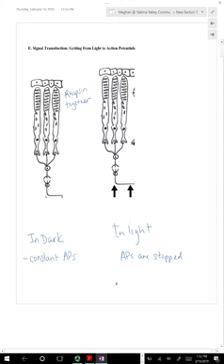And that means that we have sodium channels open, which means that this cell is depolarized.